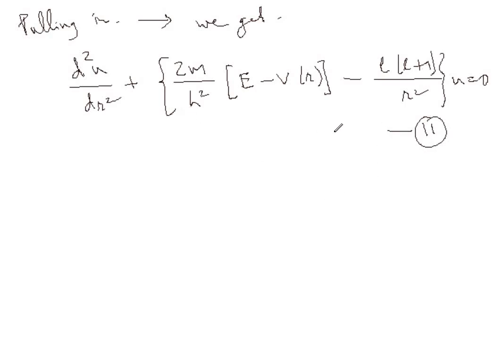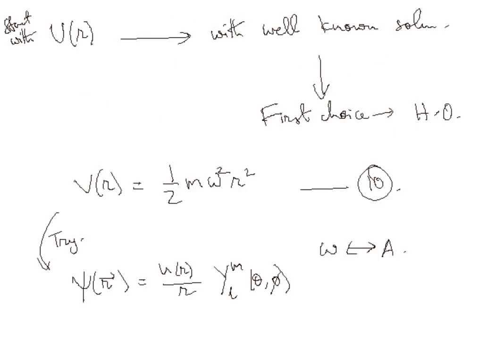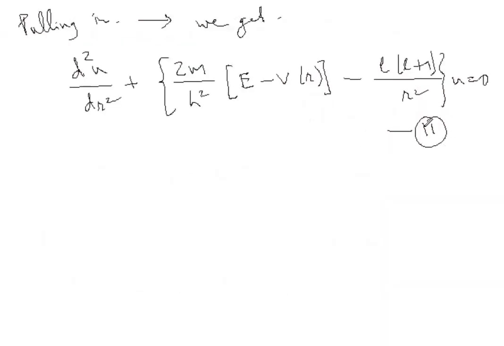We have done this type of problems many times, right? So the solution of this equation 11 with the potential of which potential? This potential, equation 10, right? So just let me write down. So this is equation 10, this one is 11, this one is 12.